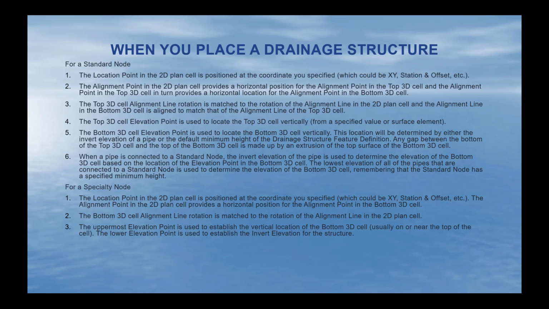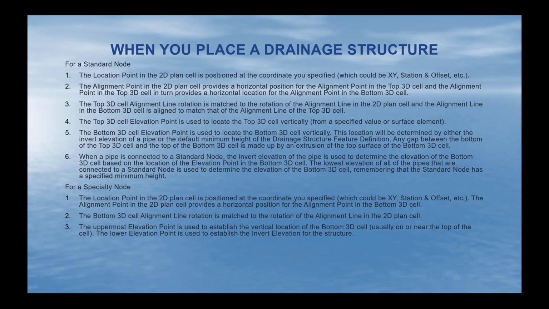For specialty nodes, the location point of the 2D plan cell is positioned at the coordinate you specify, which could be XY, station offset, etc. The alignment point of the 2D cell provides horizontal position for the alignment point in the bottom 3D cell.